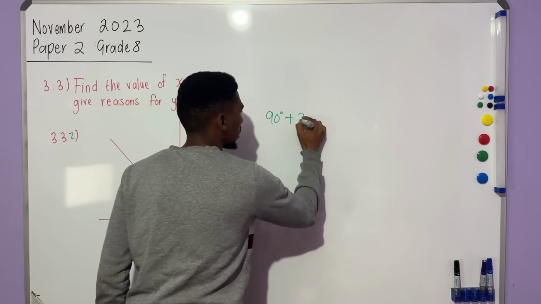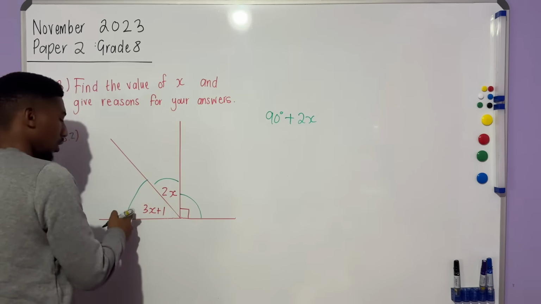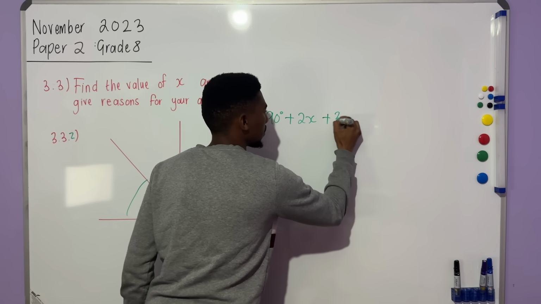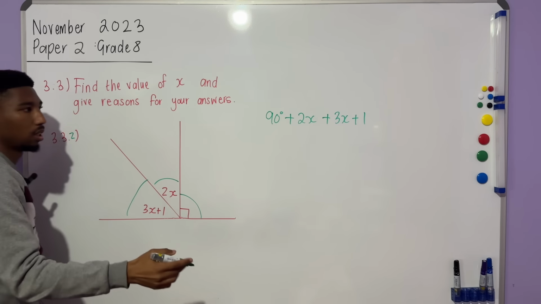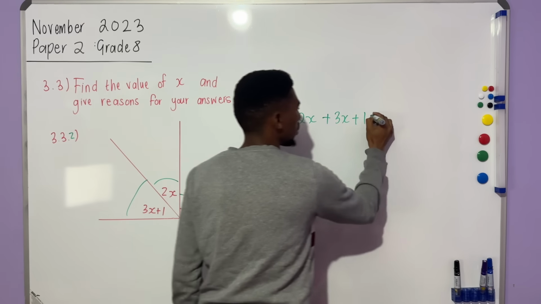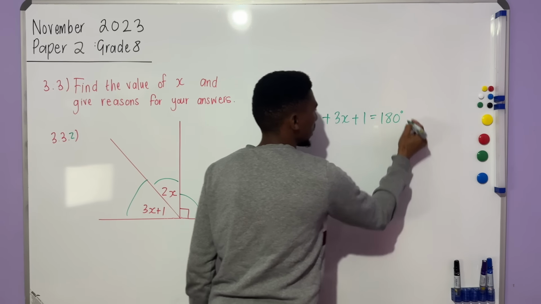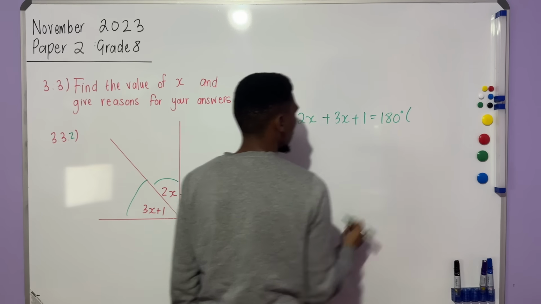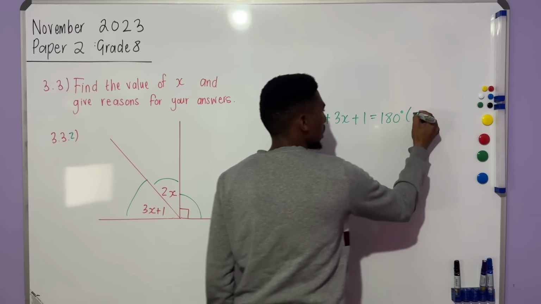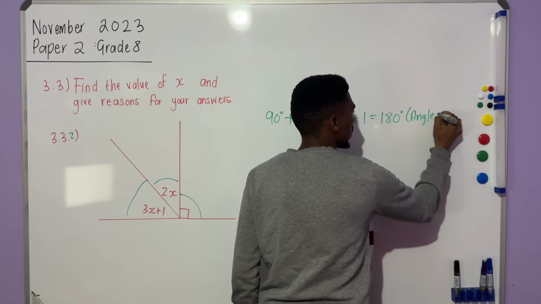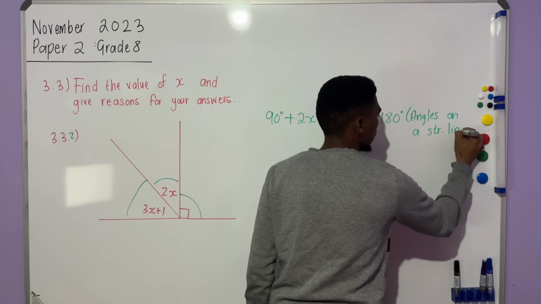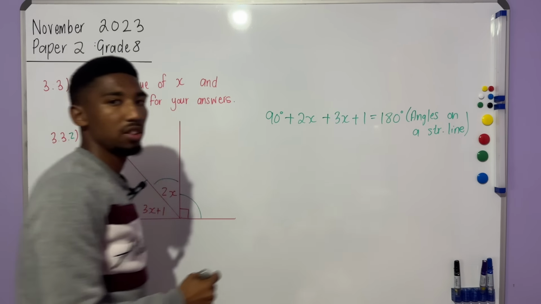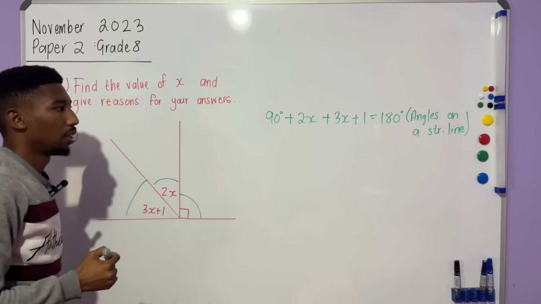So it's 90 plus 2x plus 3x plus 1. Those are all the angles in there. That's not done. It is equal to 180 degrees, and your reason is angles on a straight line. You can use abbreviation in your reasoning there.